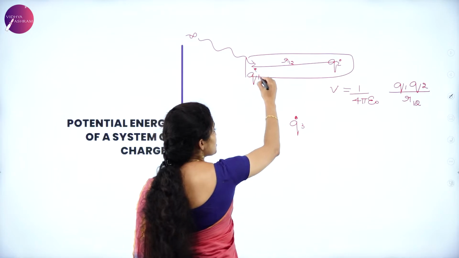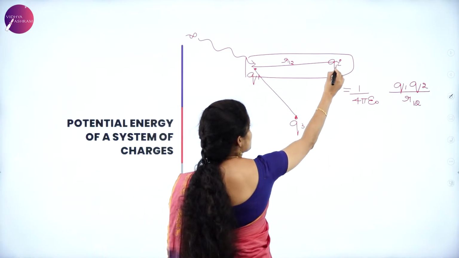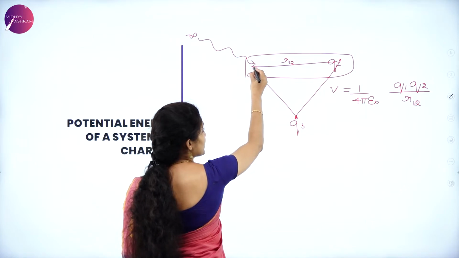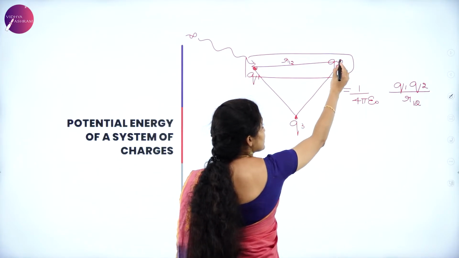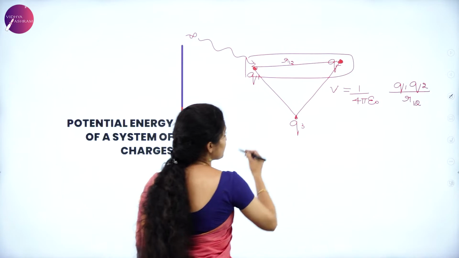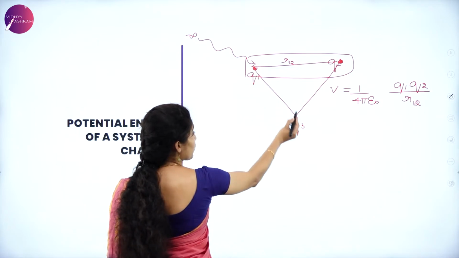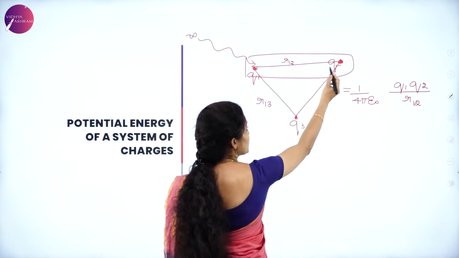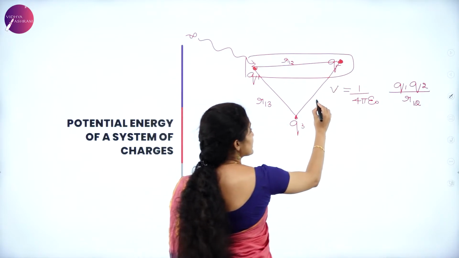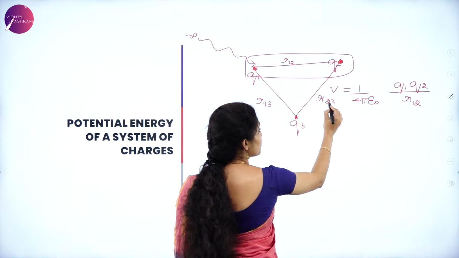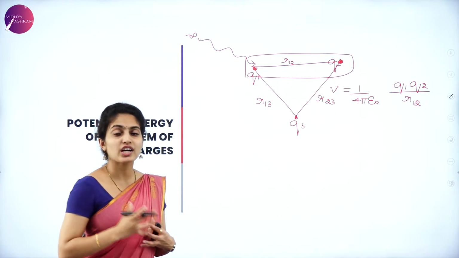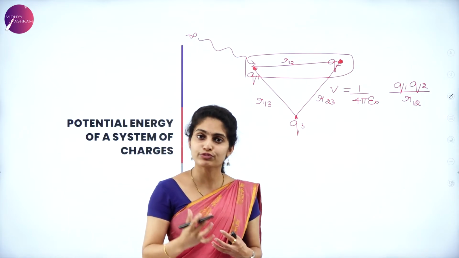Now when you join all these points, there is the influence of the neighboring charge Q1 on Q3, and the neighboring charge Q2 on Q3. So the distance between Q1 and Q3 is said to be R13 and the distance between Q2 and Q3 is said to be R23. Okay, so this is a system of charges which we are considering, a system of three charges.